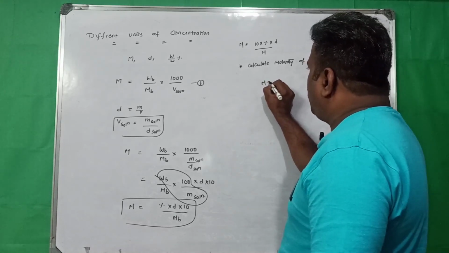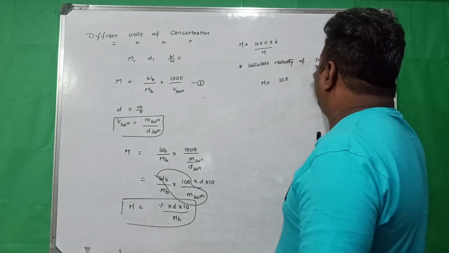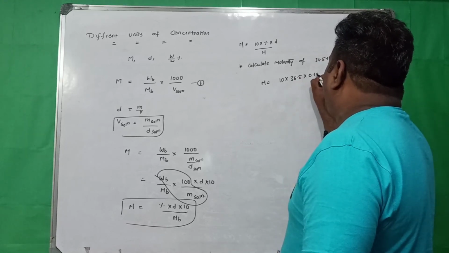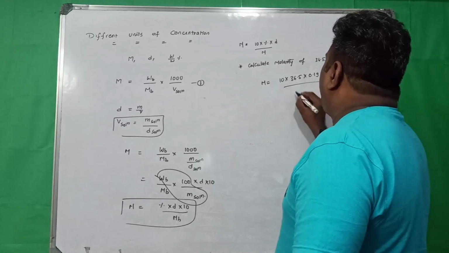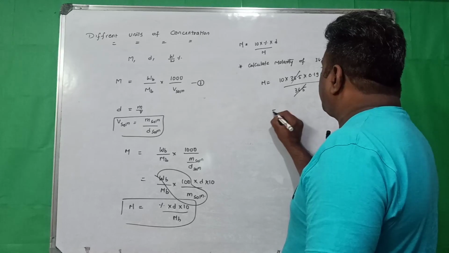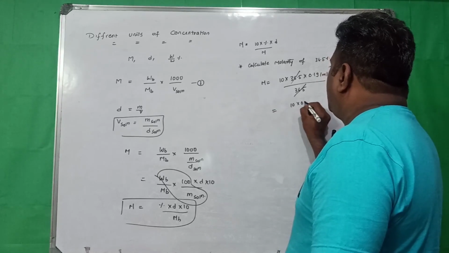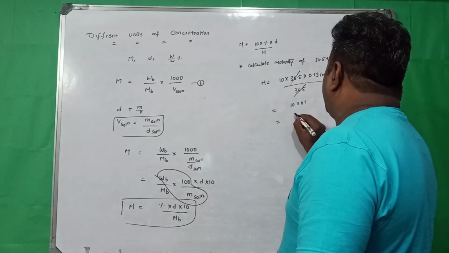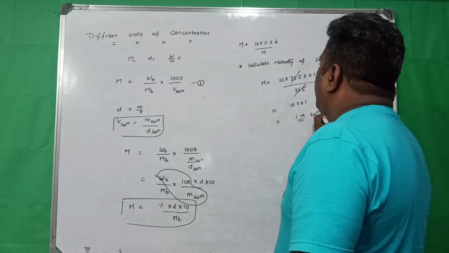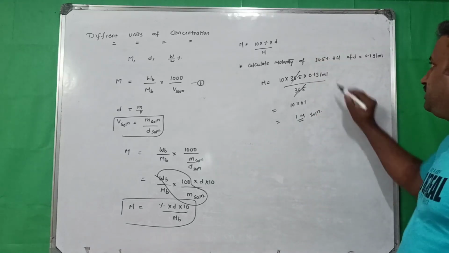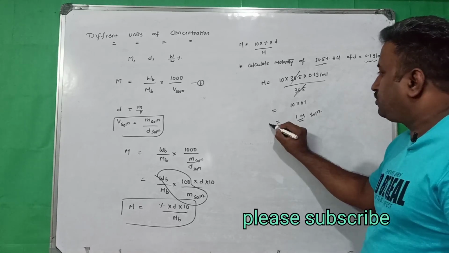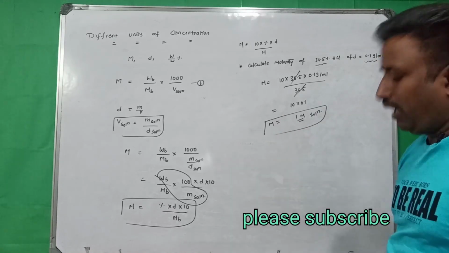Then molarity is equal to 10 into percentage 36.5 into density 0.1 gram per ml upon molecular weight 36.5. These two will get cancelled. Then it is 10 into 0.1, that is 1 molar solution. So if the HCl has 36.5% purity and density 0.1 gram per ml, then the solution concentration will be 1 molar.